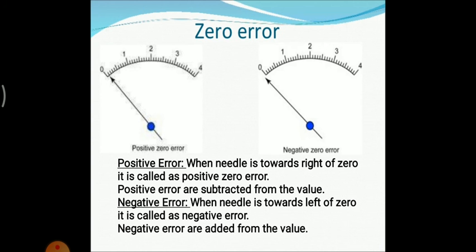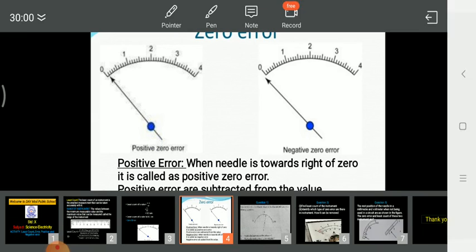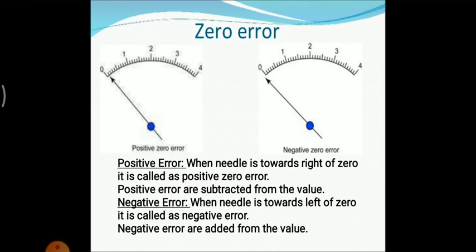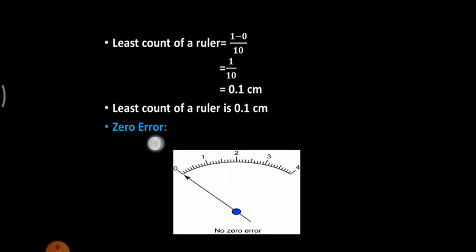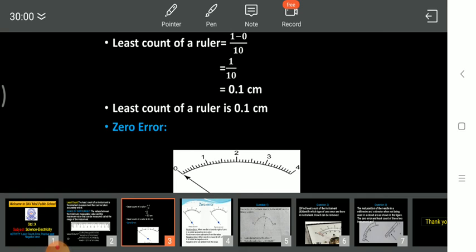In a similar manner, if I do not put any external devices or give any external power supply to a device, and the needle is pointing towards a certain value, going beyond 0, that would be called a positive zero error.